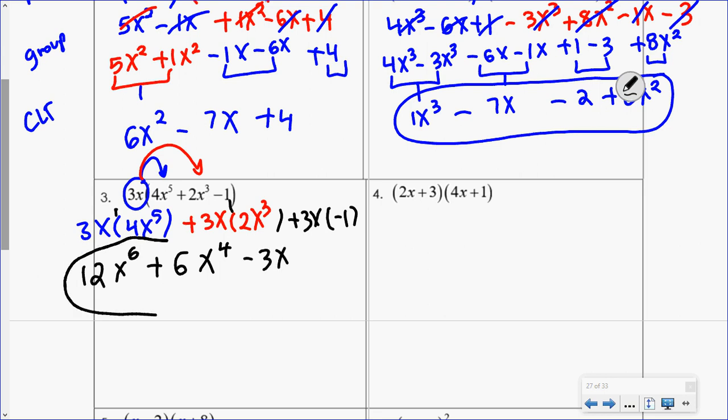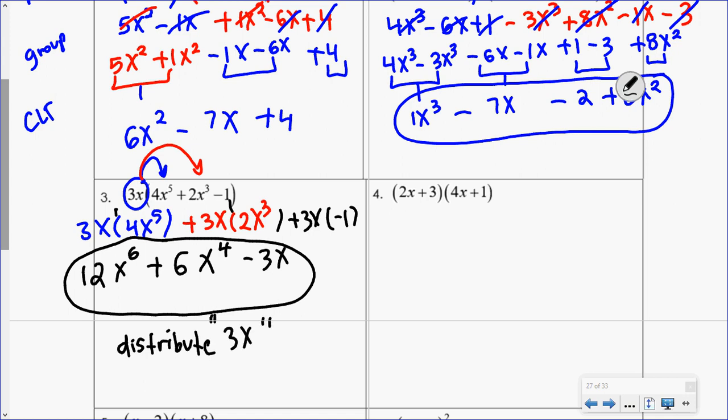There are no like terms to combine. All you do is distribute here: distribute 3x to each term inside.